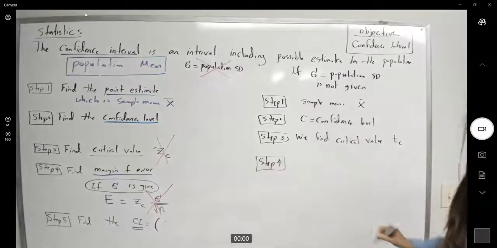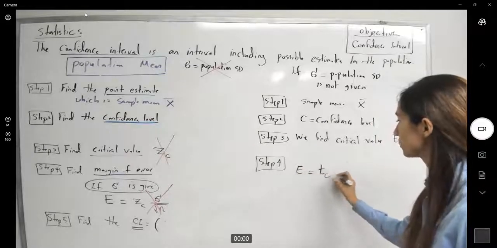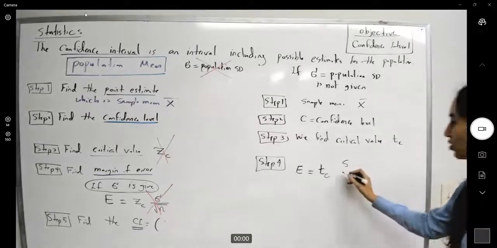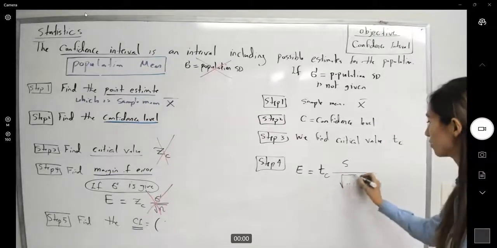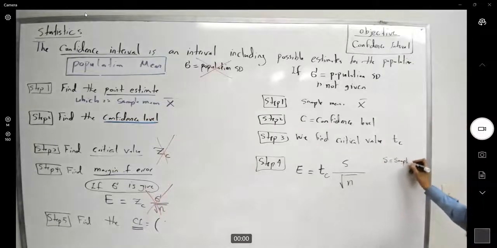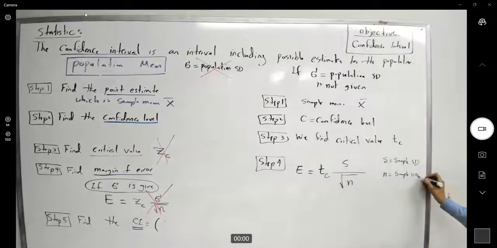And in step four, the margin of error E is equal to T sub C times S, which is your sample standard deviation, divided by square root of N. S is your sample standard deviation and N is sample size.